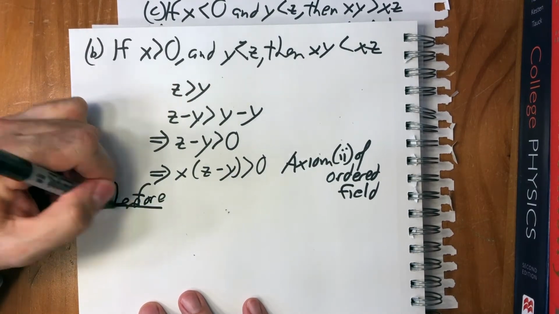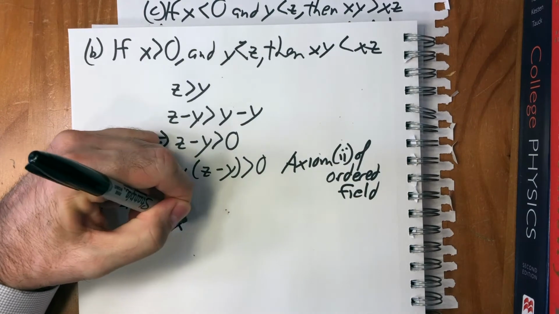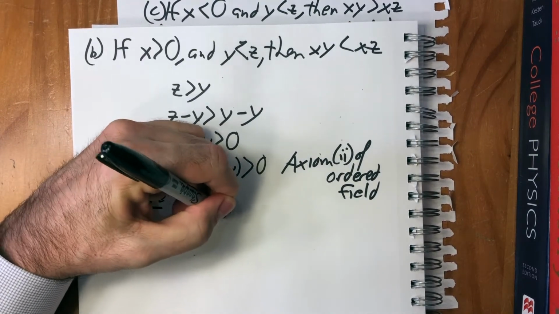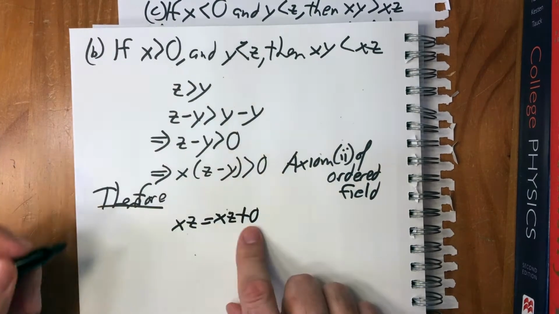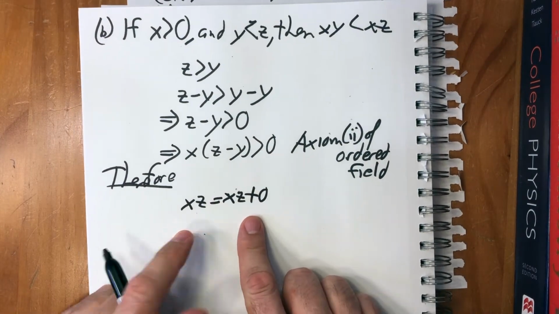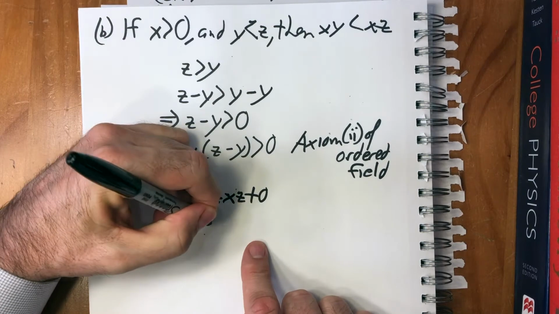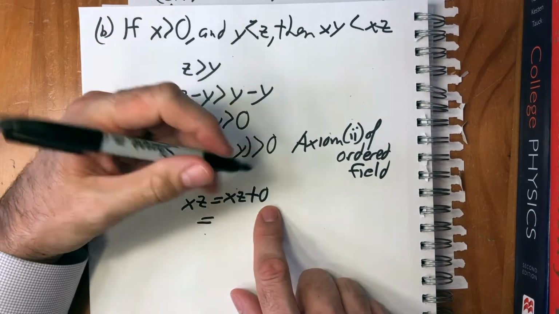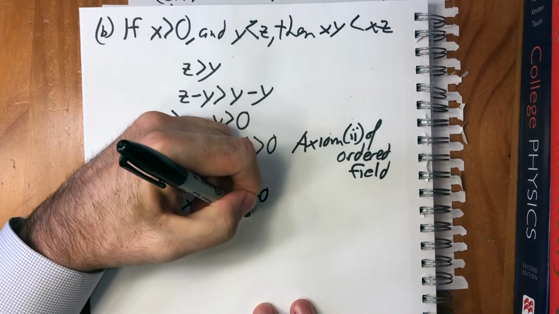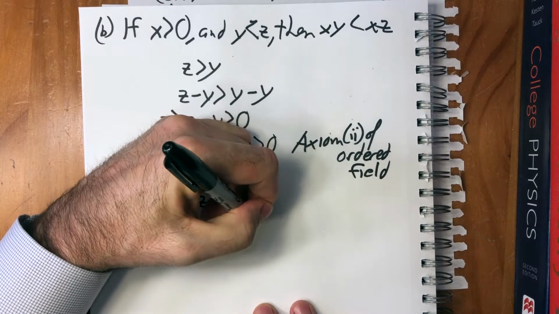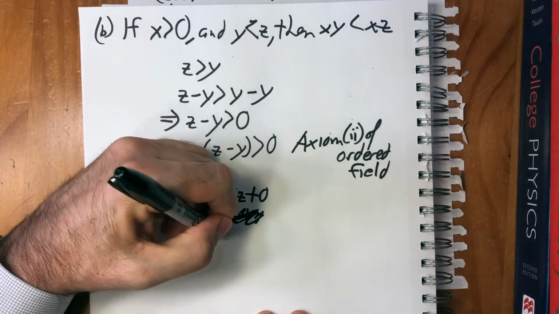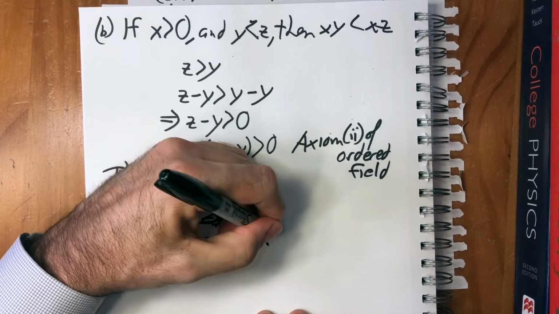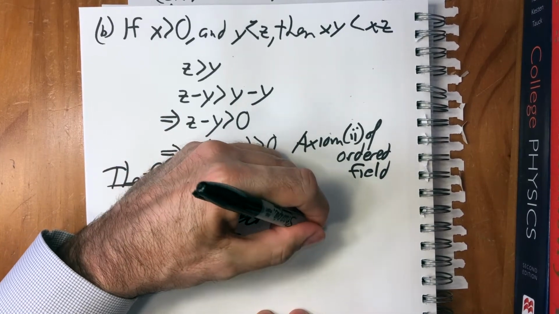Therefore, my handwriting's gotten messy. So if we start with xz, we can add 0 to that. That's just the identity. And then we can rewrite that. Oh, it's minus first. xz minus xy plus xy.